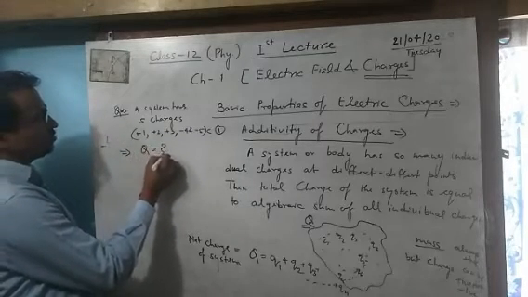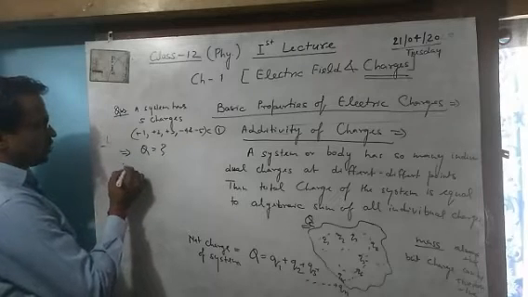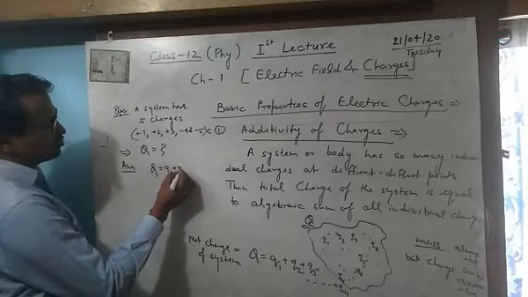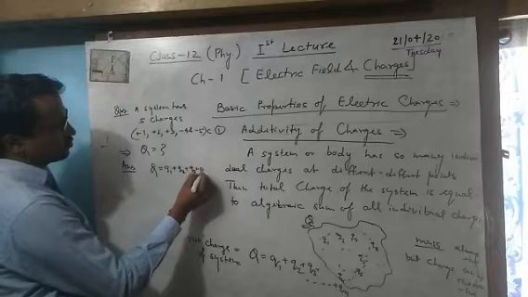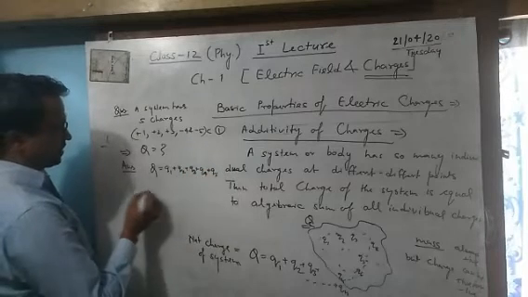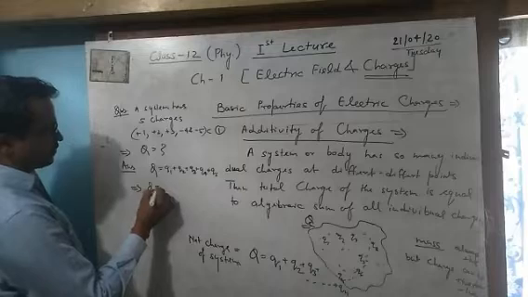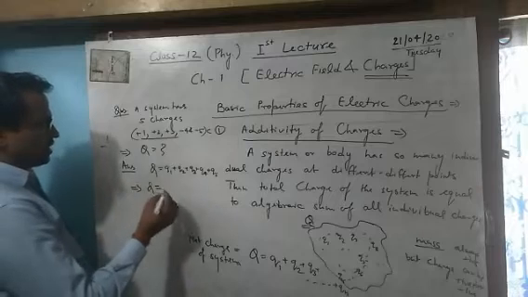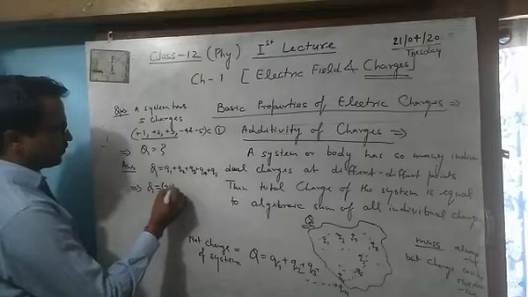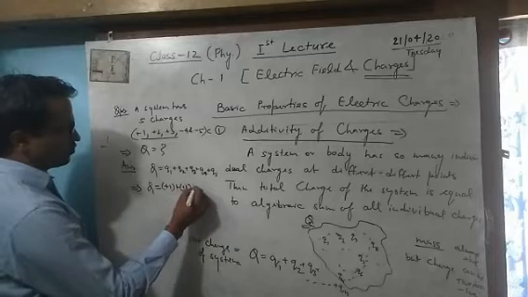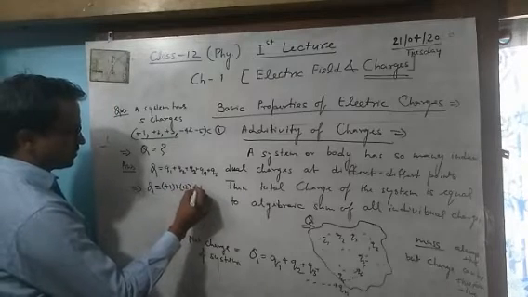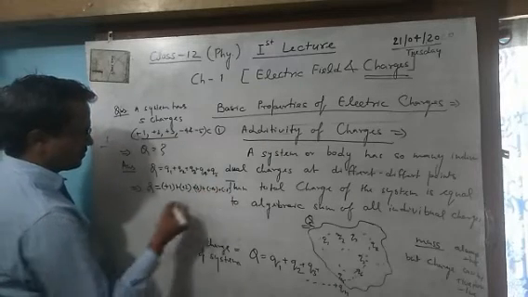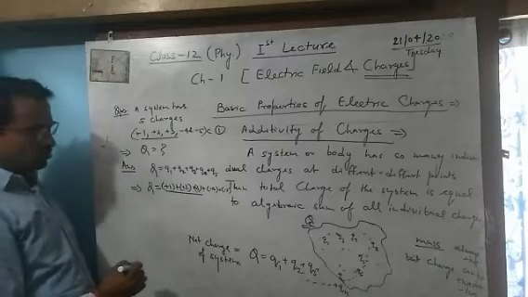Q को पूछ रहा है क्या होगा. What is Q? Q is Q1 plus Q2 plus Q3 plus Q4 plus Q5. अब साइन के साथ इसको ऐड करेंगे क्योंकि अलजेब्रिक सम इसको करना है. तो +1, +2, +3, plus -4 and -5.